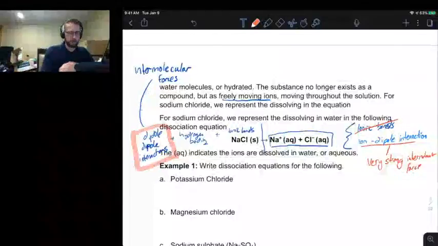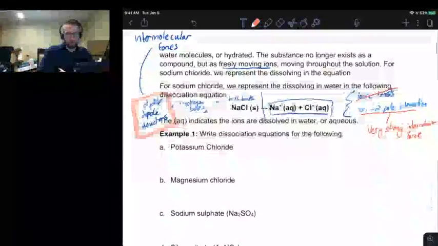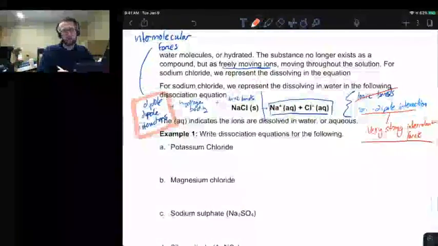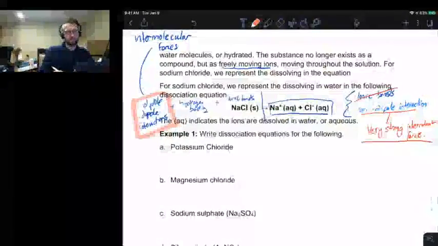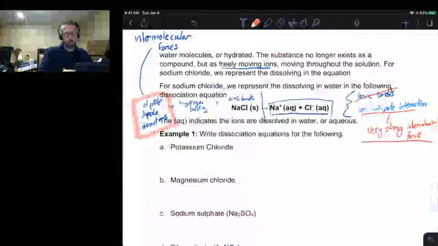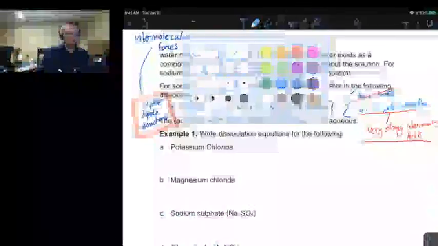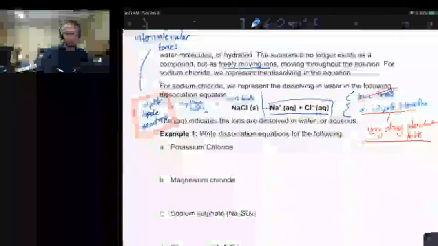And at the same time, relatively speaking, there's so much water present that we have not lost the hydrogen bonding or the dipole-dipole interactions.